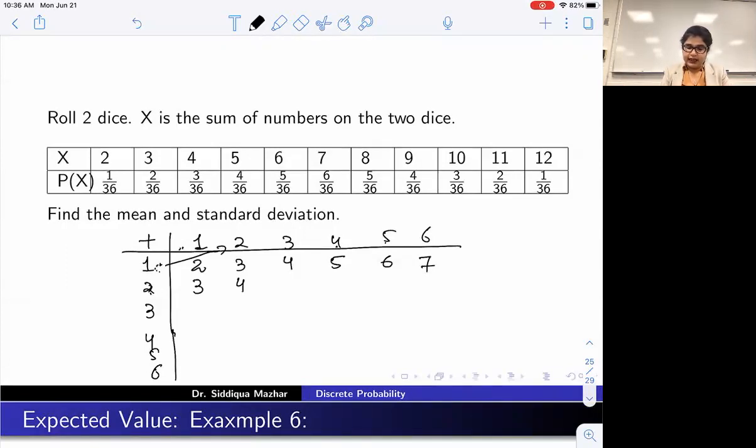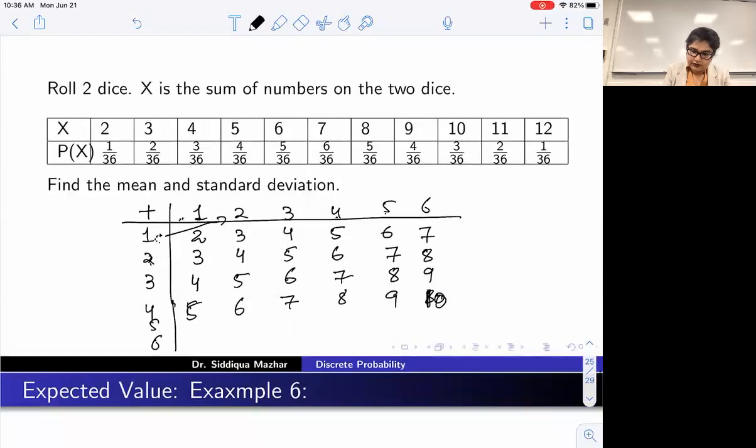So 2 plus 3 is 5, 2 plus 4 is 6, 2 plus 5 is 7, 2 plus 6 is 8. 3 plus 1 is 4, 3 plus 2 is 5, 3 plus 3 is 6, 7, 8, and 9. Then 4, 5, 6, 7, 8, 9, and then 10. Sorry, this is 10.